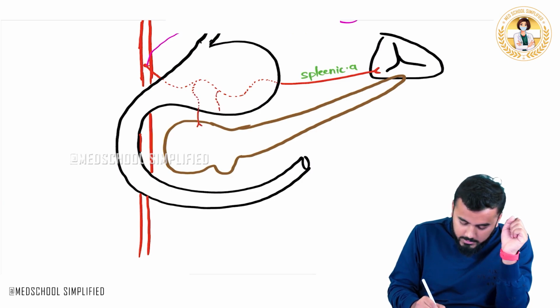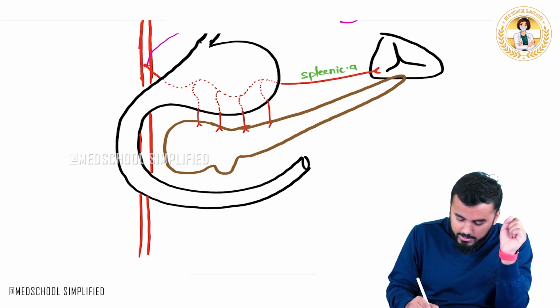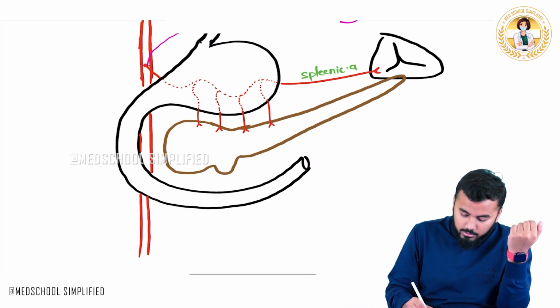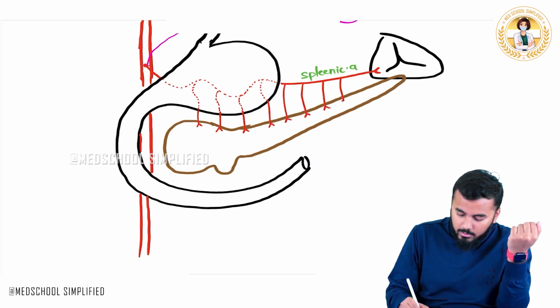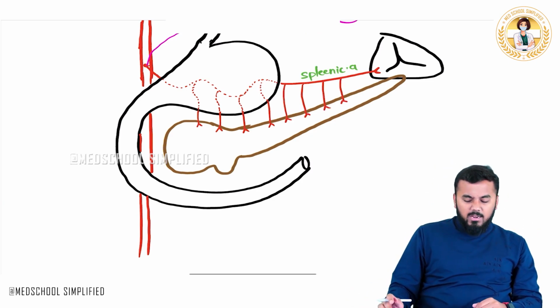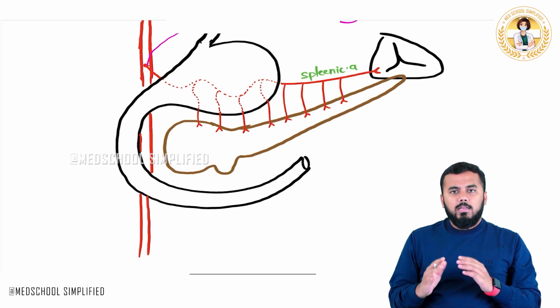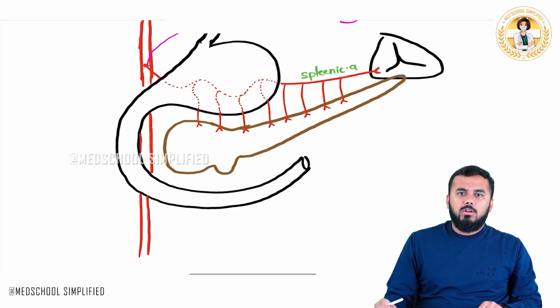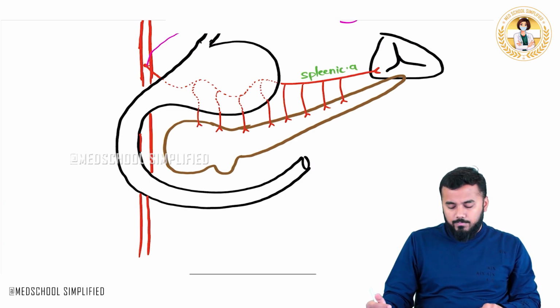And what are these dotted lines? These dotted lines represent the artery behind the organ. These are the minor pancreatic branches given by the splenic artery that supply the pancreas. These are called pancreatic arteries. You can call them pancreatic branches also.